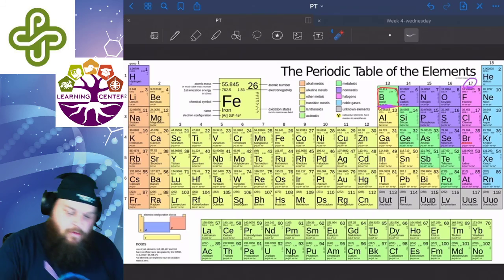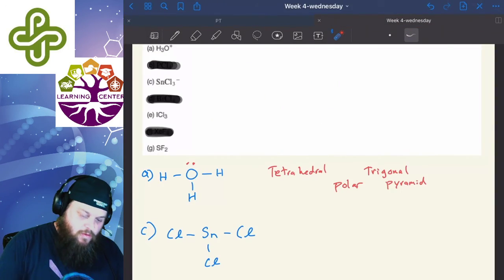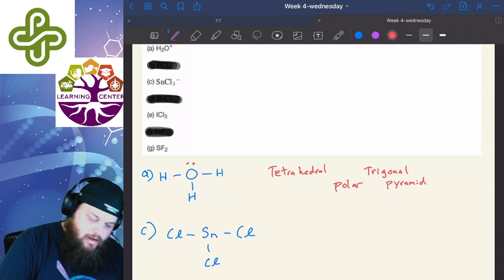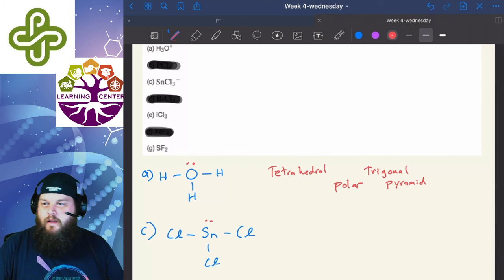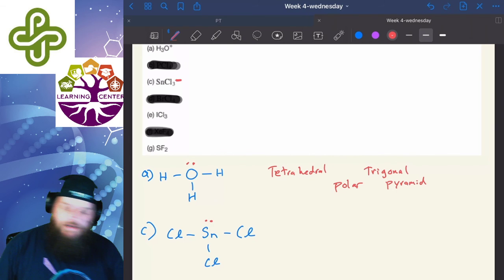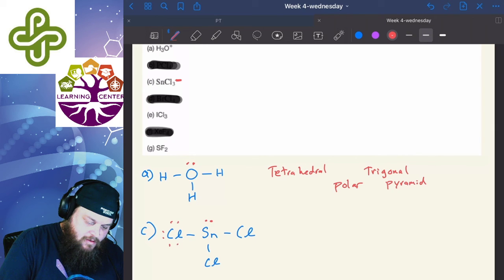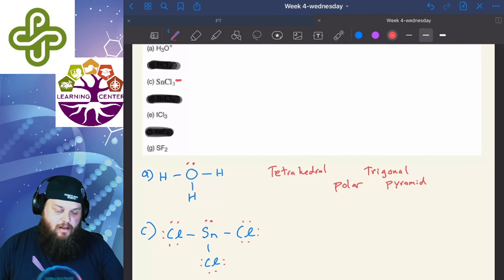So that group 14 means that it basically wants to create 4 bonds similar to carbon, and in this case it only has 3. It's going to end up with a lone pair of electrons because of this negative charge that's here, just to make sure everything's balanced. These chlorines would have a full set, their octet, as well.